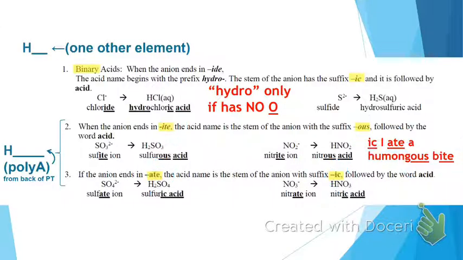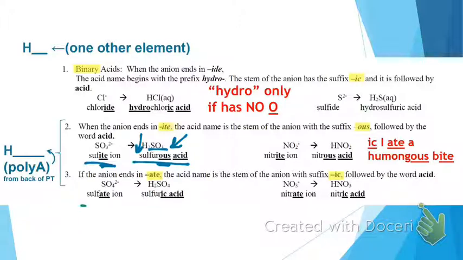So, silly saying, but if it helps you remember which ending to put with which type of polyatomic, then you're good. So if we just look a little closer at these examples, you'll notice this sulfite is sulfurous acid. There's no hydro at the beginning because I do have O's in my formula, and I ended in us acid because it was the ite version.